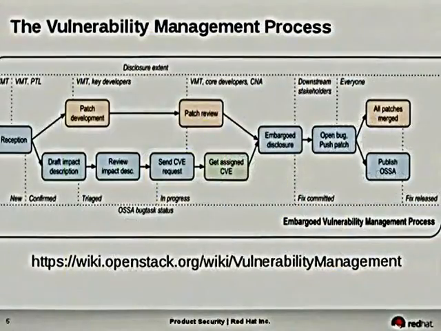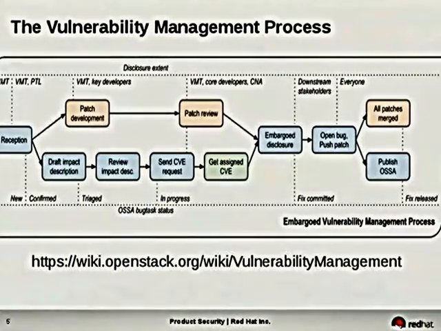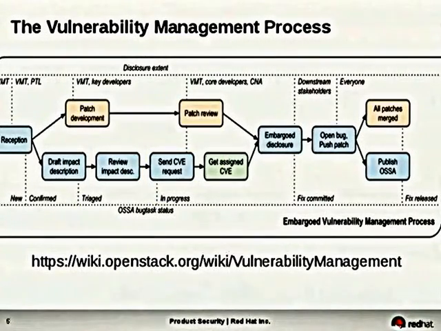From there, there's 2 main tangents. The members of the vulnerability management team go ahead and try and draft up a description of the issue that clearly indicates to vendors the severity and how their products will be affected. The developers then work concurrently to come up with a patch to fix this problem.